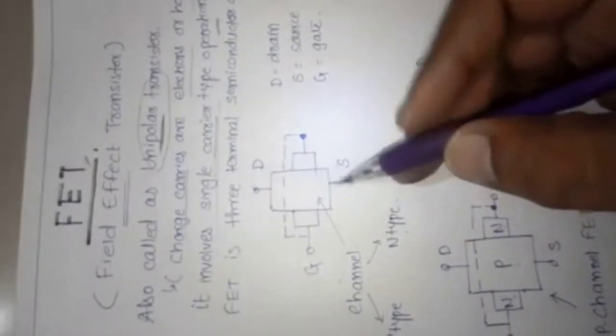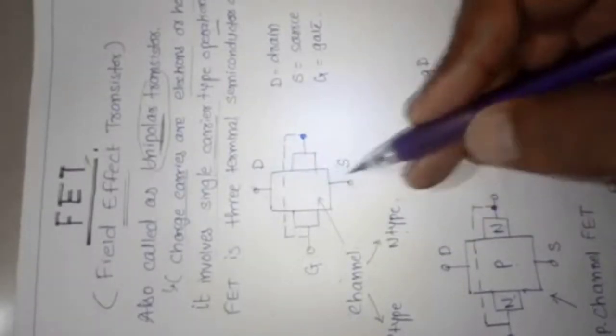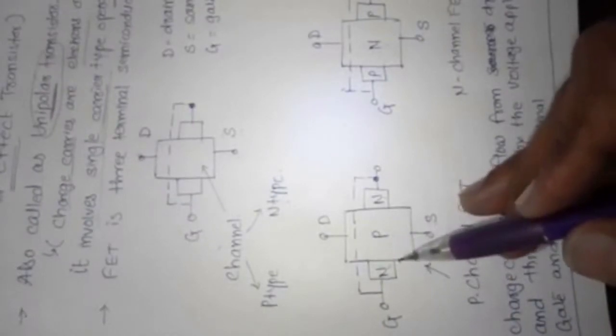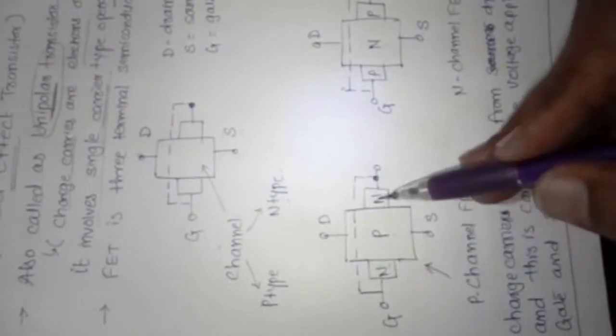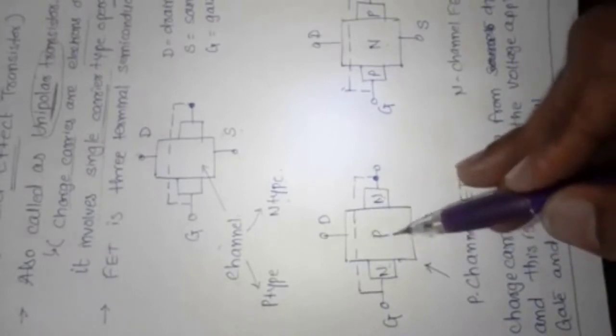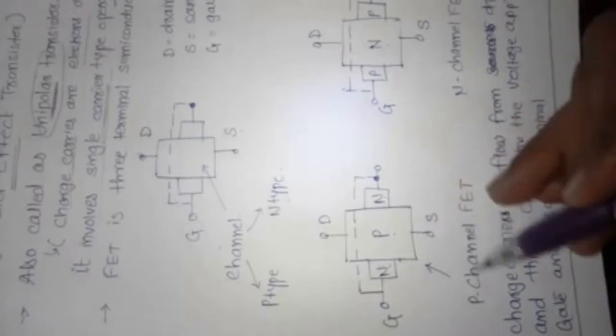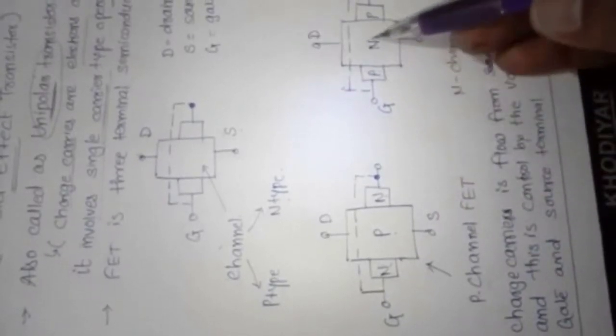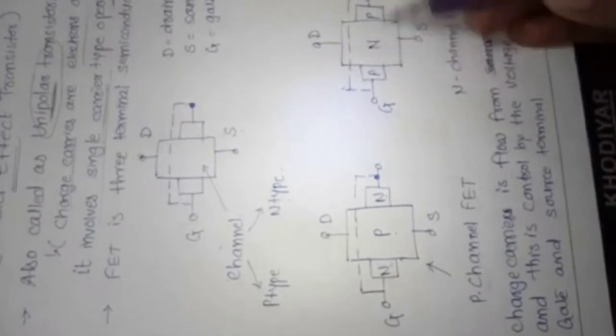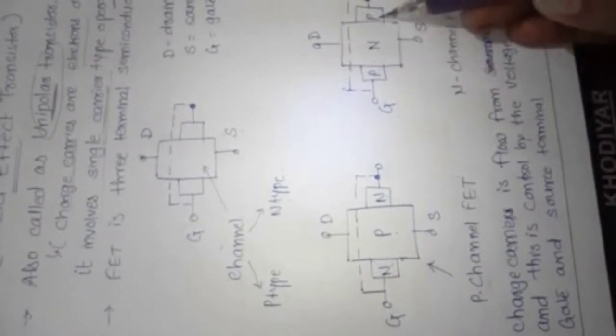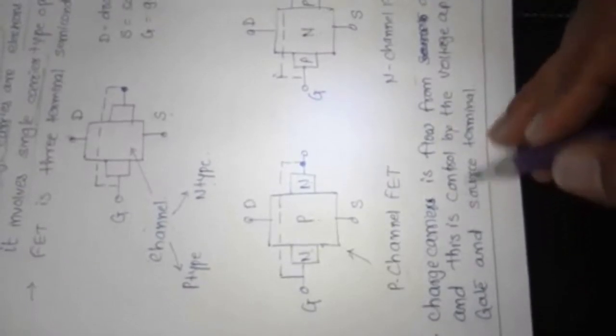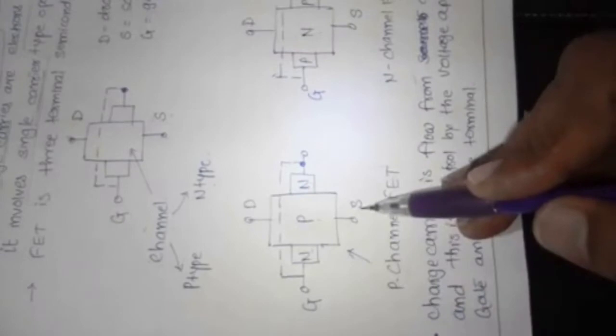These are the symbols and constructions. If n-type material is used, with p-type material sandwiched between two n-type regions, it is a p-channel. In the same way, when n-type material is sandwiched between two p-type semiconductor regions, it becomes an n-channel. Charge carriers flow from drain to source, and this is controlled by the voltage between gate and source.